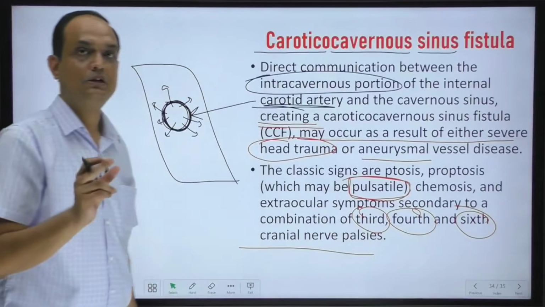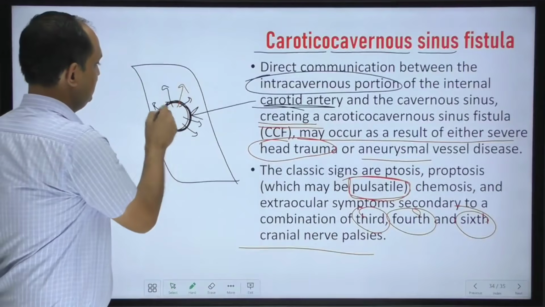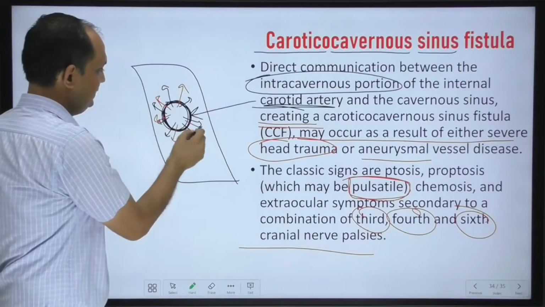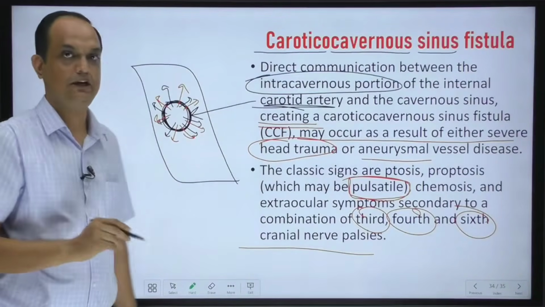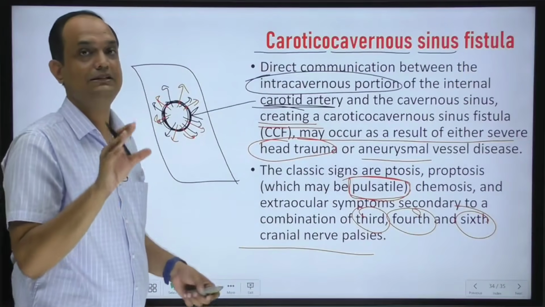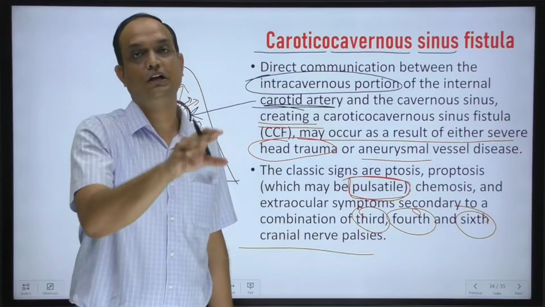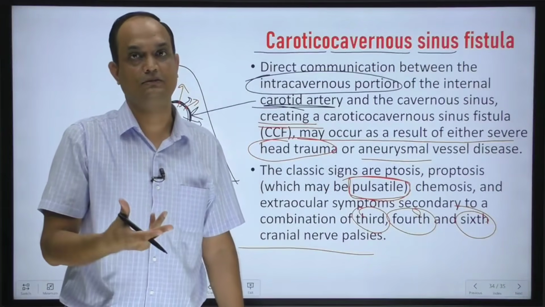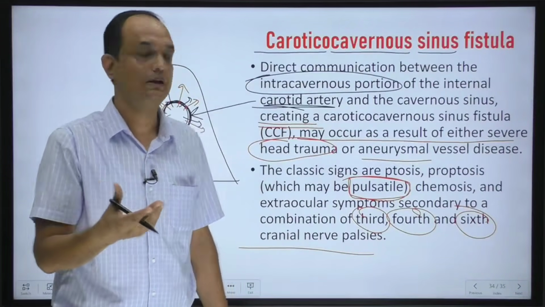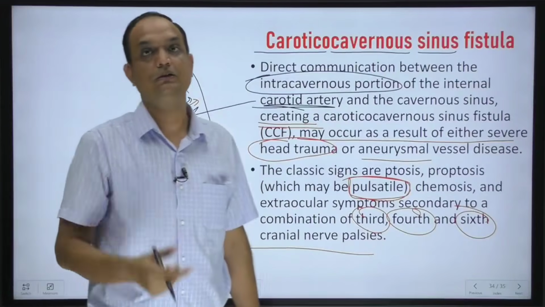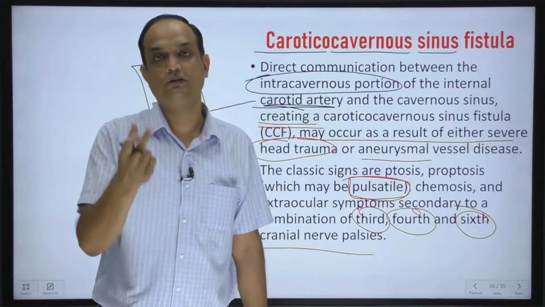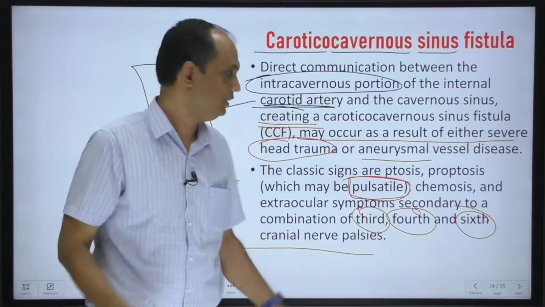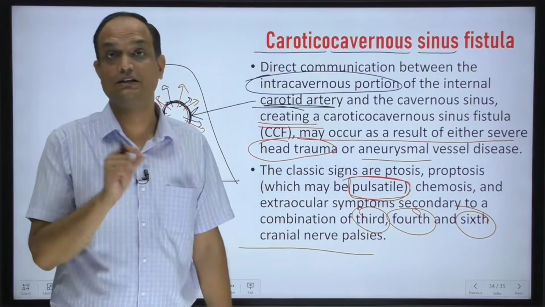Because the artery is now ruptured, the blood is coming out into the cavernous sinus, and we know that the cavernous sinus has anterior communication with the orbit. So with each systolic pulse, there is a pulsation seen in the orbit, and this is known as pulsating exophthalmos or pulsating proptosis, which is a characteristic feature.